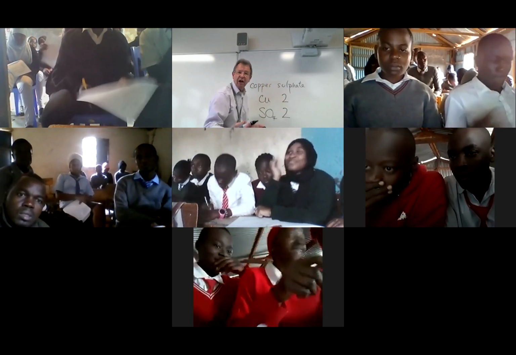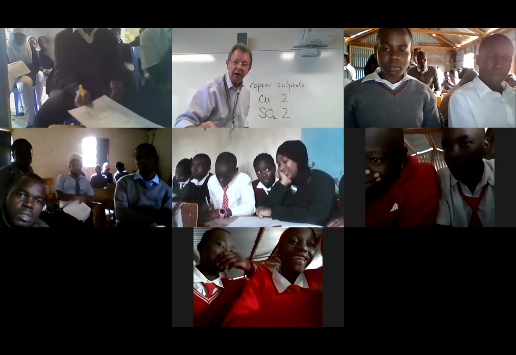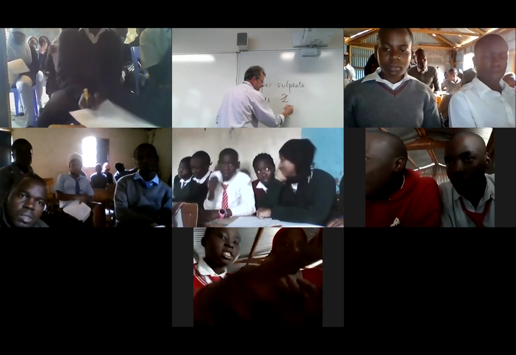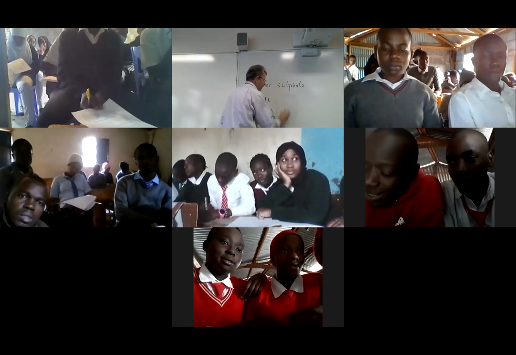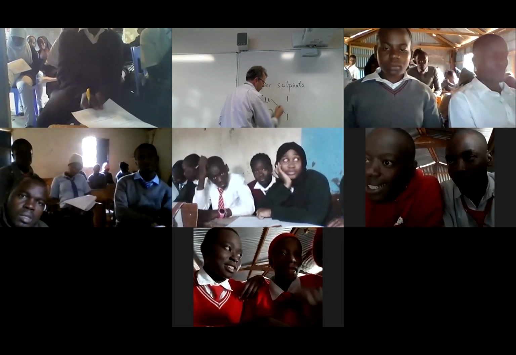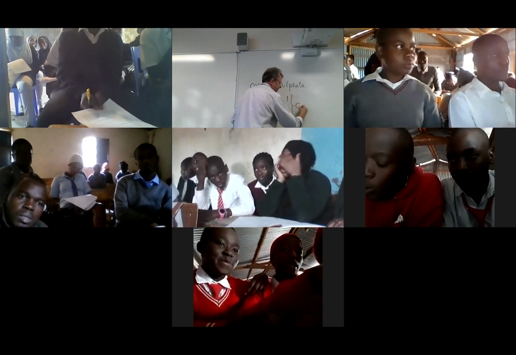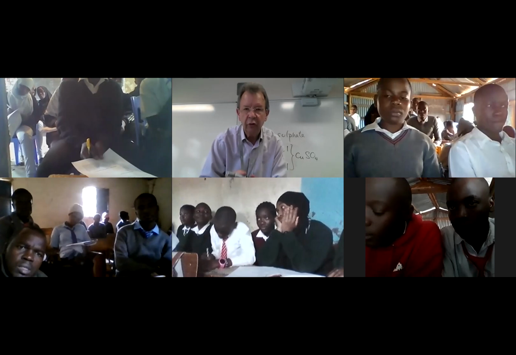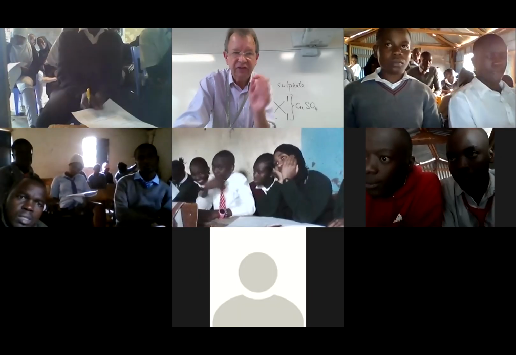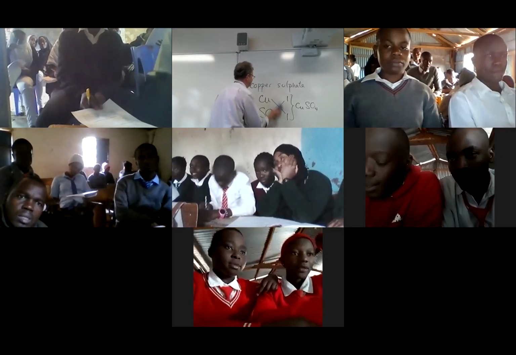If they are the same, then they can go to 1 and 1. So I cancel these, they become 1 and 1. Then it is CuSO4. But I still haven't told you how to find the valency of sulfate. So let's do that.